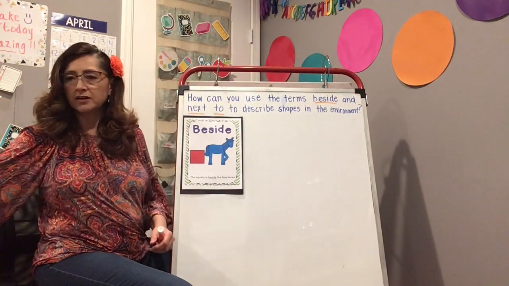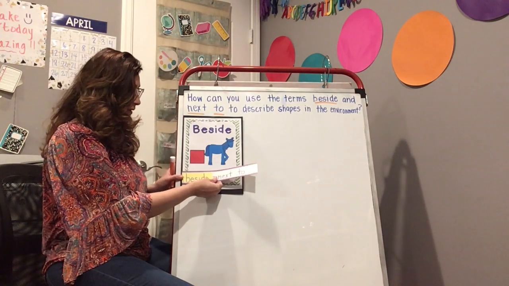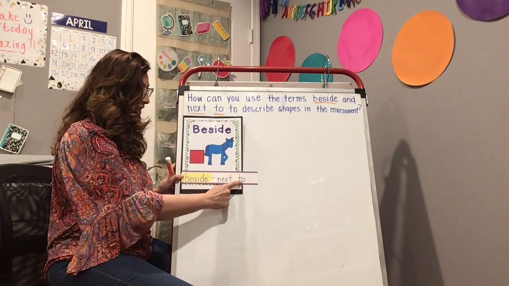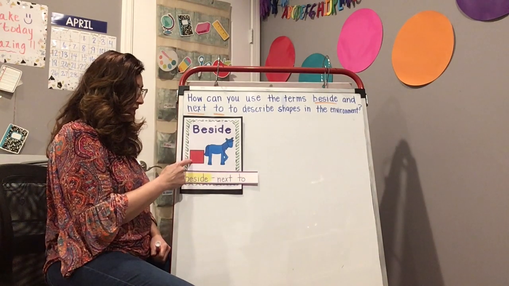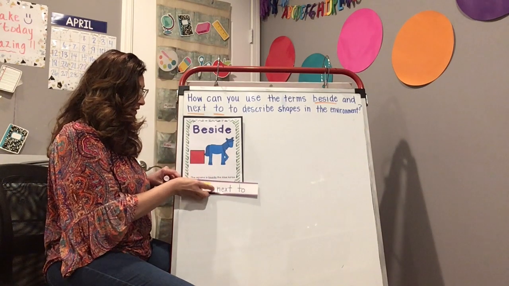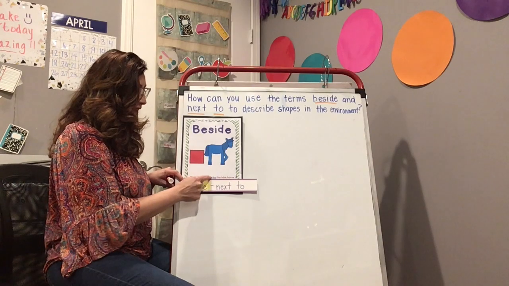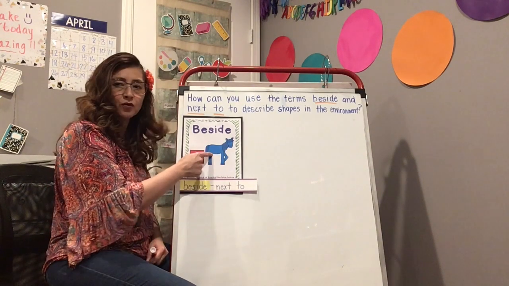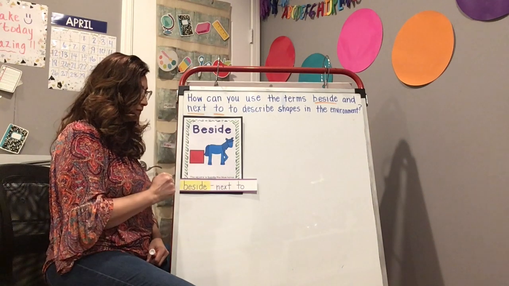We know, boys and girls, that beside means next to. So we can say here that the square is beside the blue horse because it's next to.